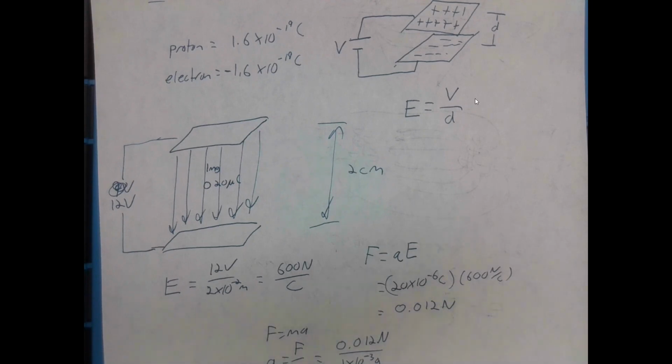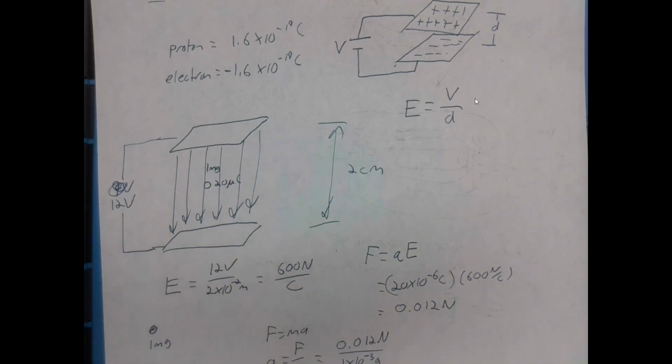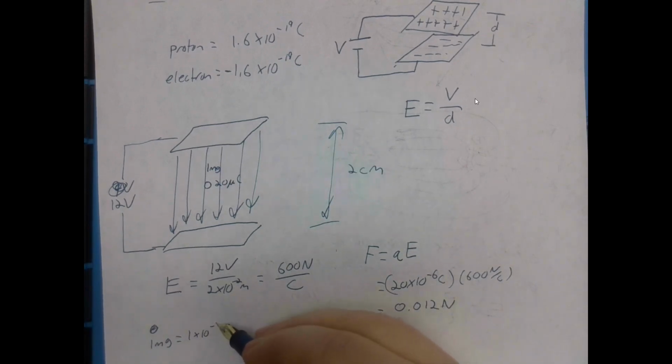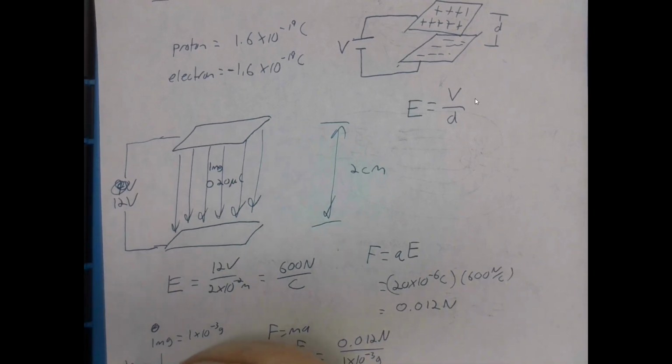However, that's the wrong unit to use. What do we always want our mass in? Kilograms. So how many kilograms is 1 milligram? So I know 1 milligram is equal to 1 times 10 to the negative 3 grams. I like doing dimensional analysis. So for 1 milligram, I know there are 1,000 milligrams in 1 gram.